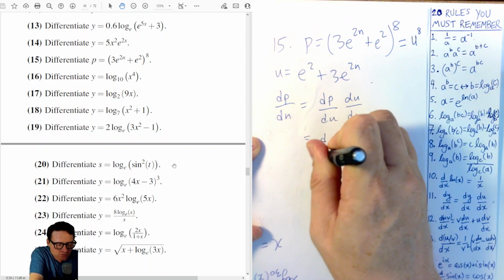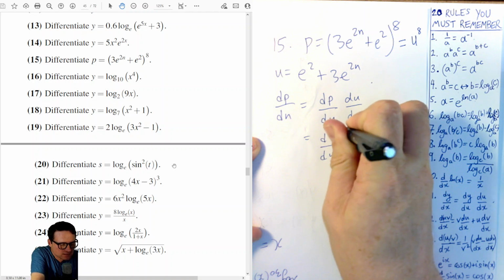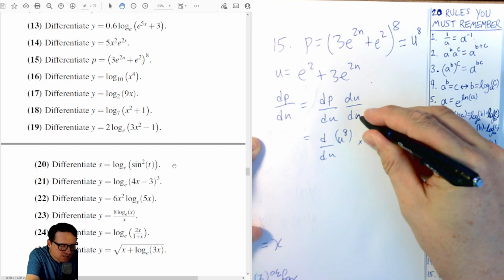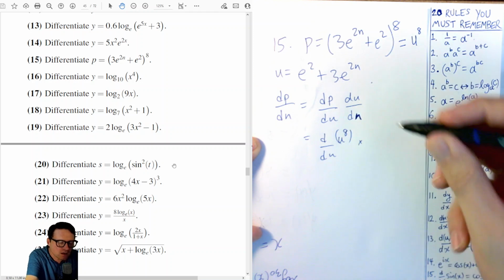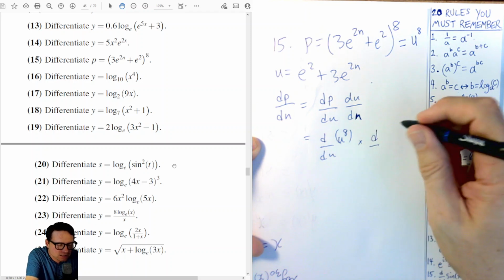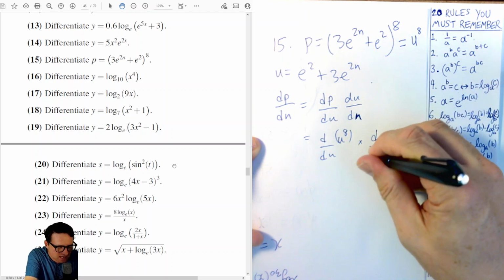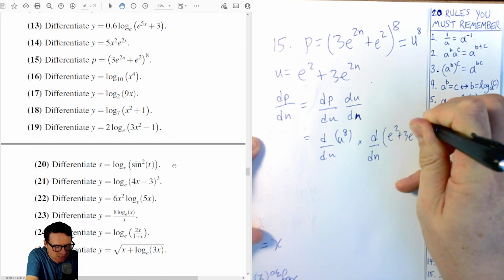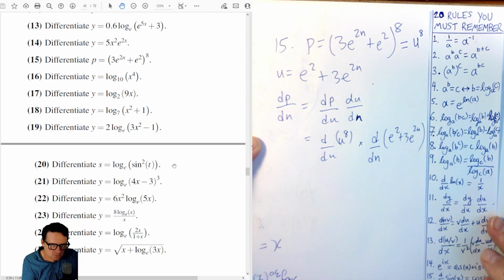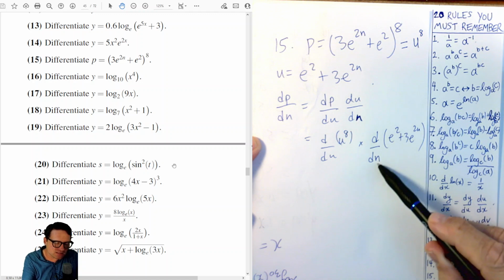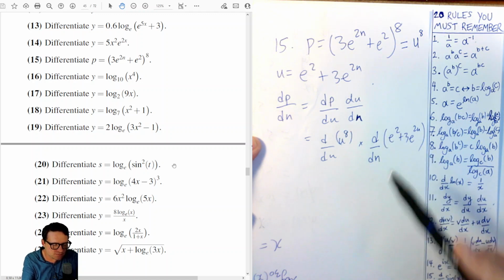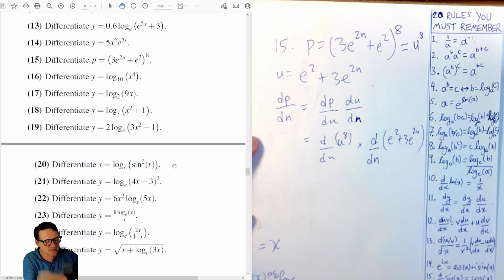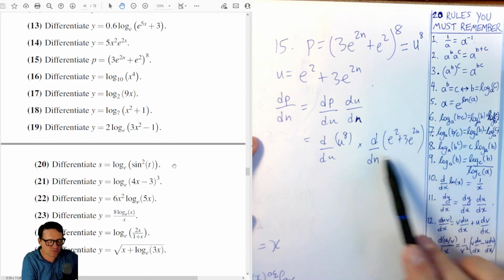So we're differentiating with respect to u to the power of 8, and then multiplying the result by, and here's an example of how those two are looking similar, d on dn of e squared plus 3e to the 2n. Okay, so we apply this differential operator to both of these terms. Because e squared is just a number, the derivative with respect to n gives 0 there. Now the 3 will come through the operator.